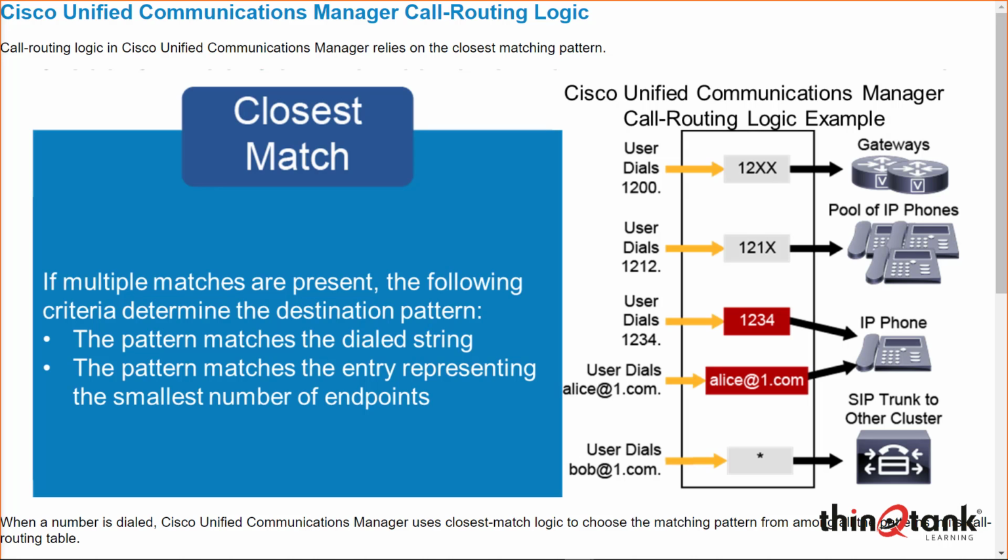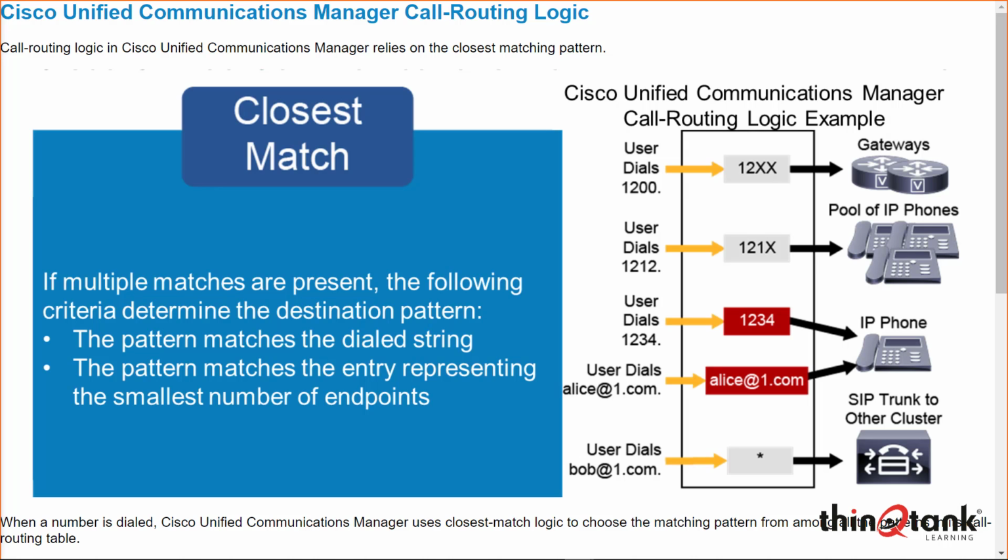So the closest match, if the number starts with 12, and just comparing those two, would be the 121x, because it has the fewest possible resulting matches. In other words, it's kind of like what we would define in routing as a longer match. So Call Manager uses this closest match logic to choose the pattern that it's going to match to when it's going through the process.